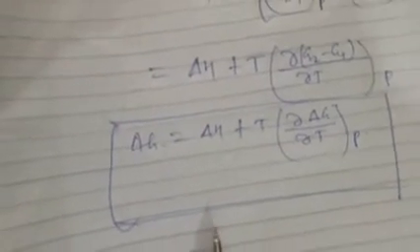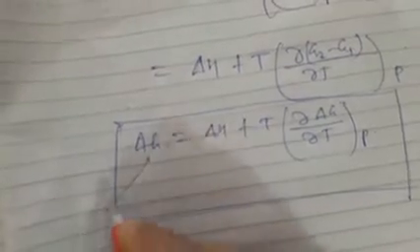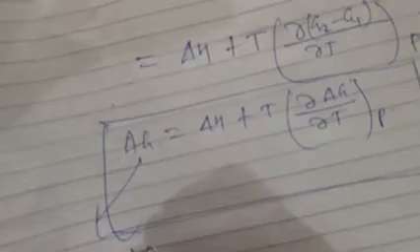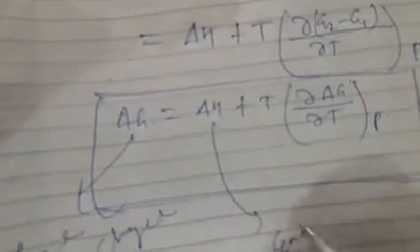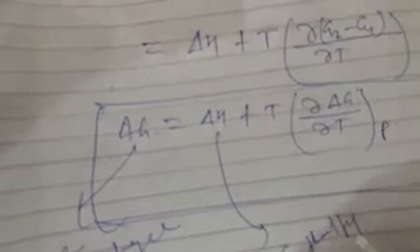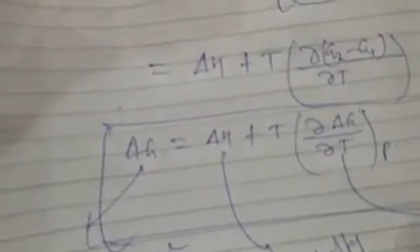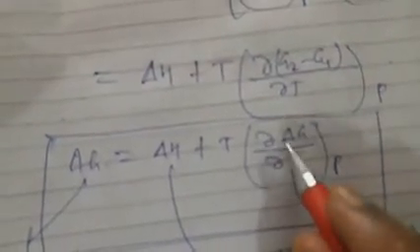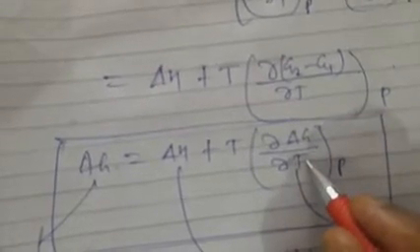First, this is free energy change. This is enthalpy change. And this term is the variation in delta G with respect to temperature.